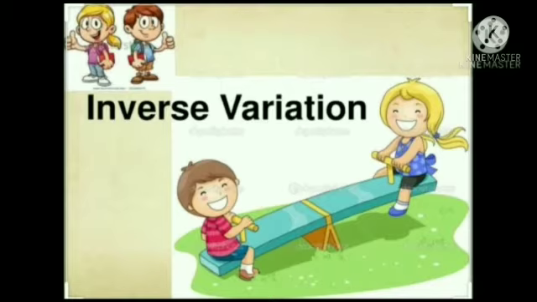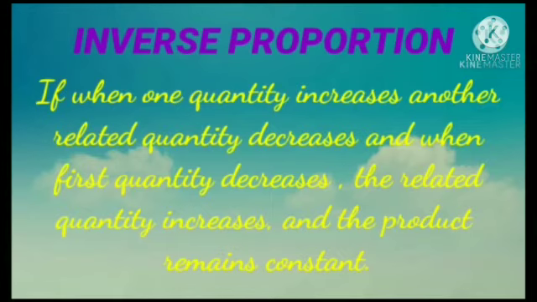If one quantity increases, the second quantity decreases, and if the first quantity decreases, the second quantity increases. Clear? Means if the first quantity goes up, the second quantity will go down, and if the first quantity goes down, the second quantity will go up. Clear? If one quantity increases, another related quantity decreases, and when the first quantity decreases, the related quantity increases, and the product remains constant.